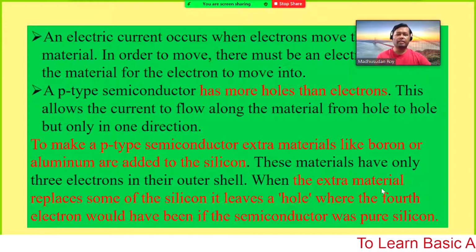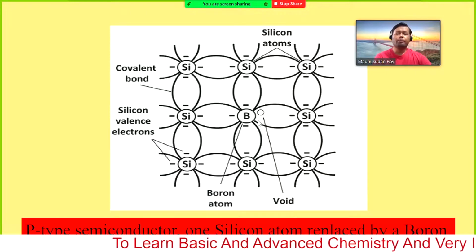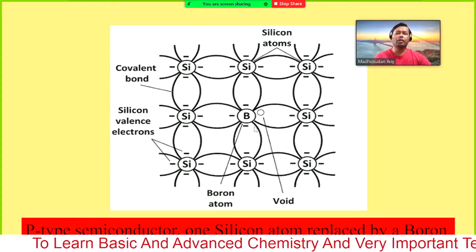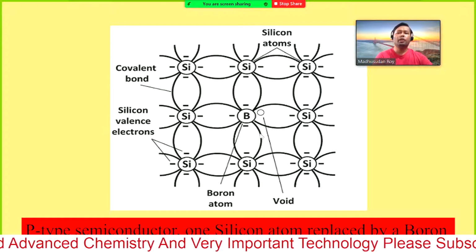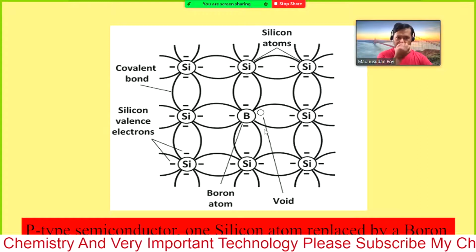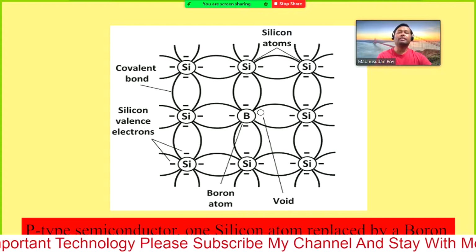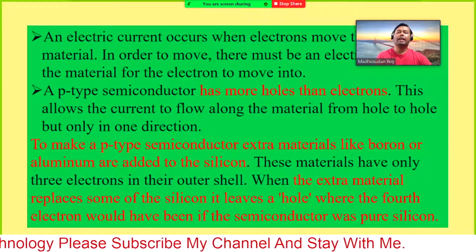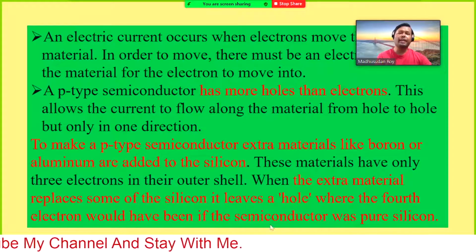When the extra material replaces some of the silicon, it leaves a hole. So if we replace one silicon with the trivalent atom, in that case there will be one free space, so that can act as a hole and that will be liable to transfer electron.